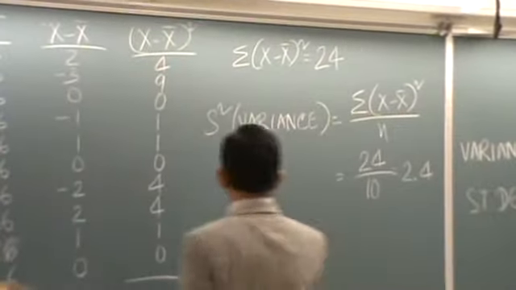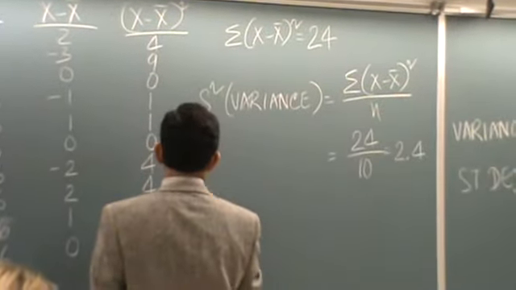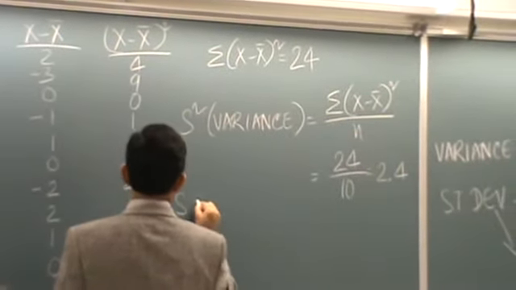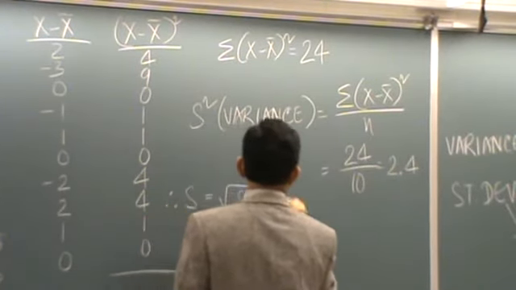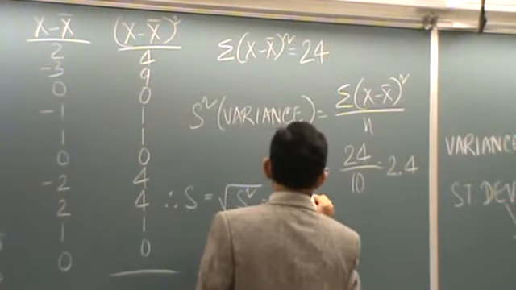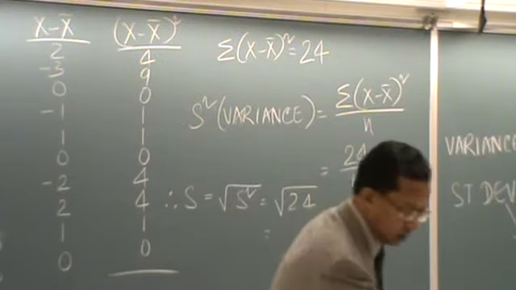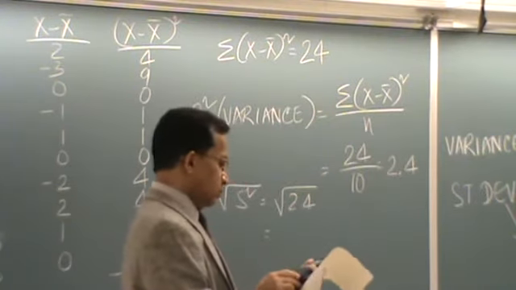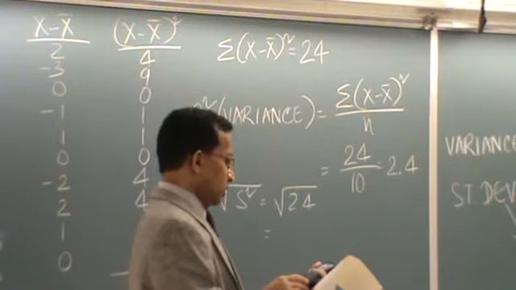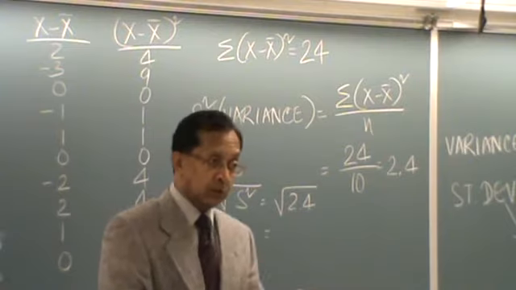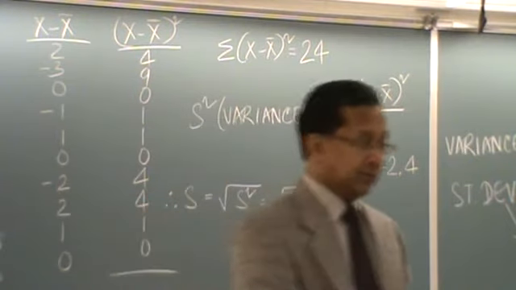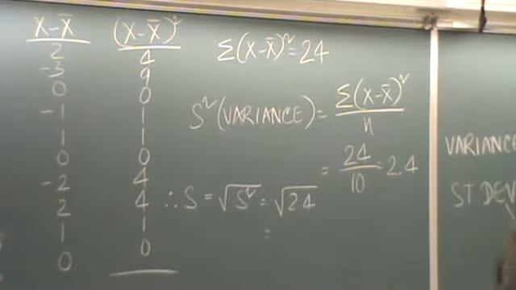So what is our standard deviation? We can write, therefore, s equals the square root of s squared equals the square root of 2.4. Where is the square root?